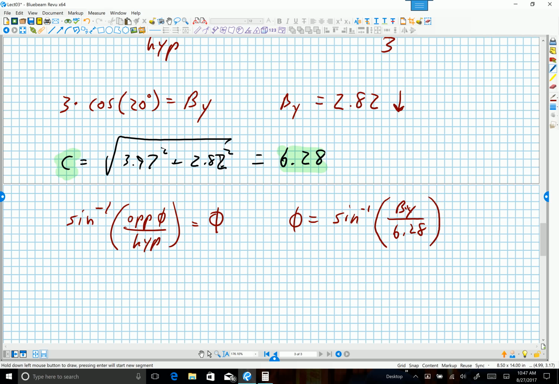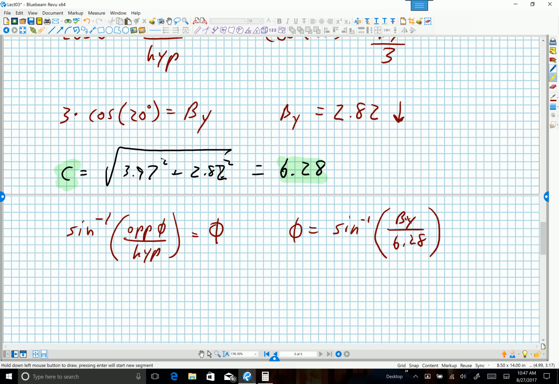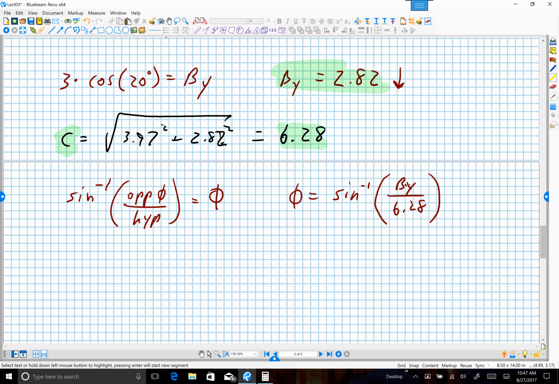BY was 2.82. So we can rewrite our equation.